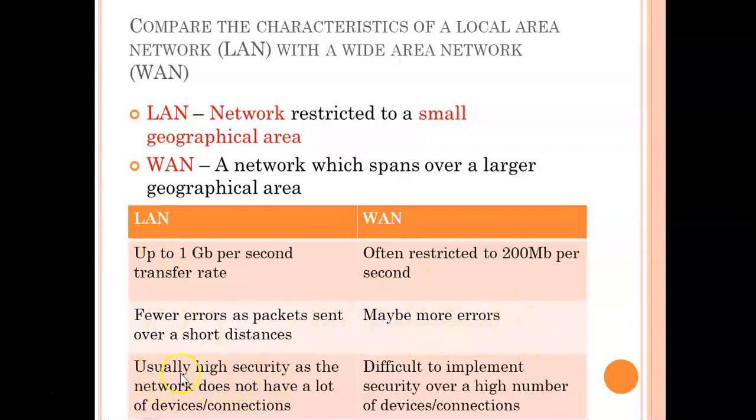And a LAN is small, so the security is going to be higher in a LAN. Okay, it doesn't have lots of devices or connections, so it's easier to put on a security or high security onto a LAN network. And a WAN is difficult to implement security over a higher number of devices. Because there are lots more devices connected together, it is harder to enforce security on all those devices.